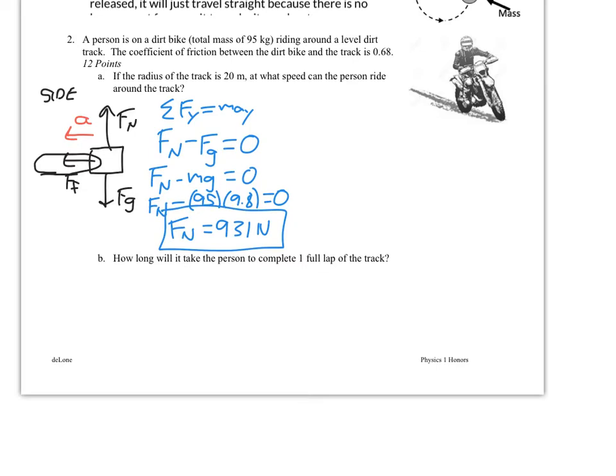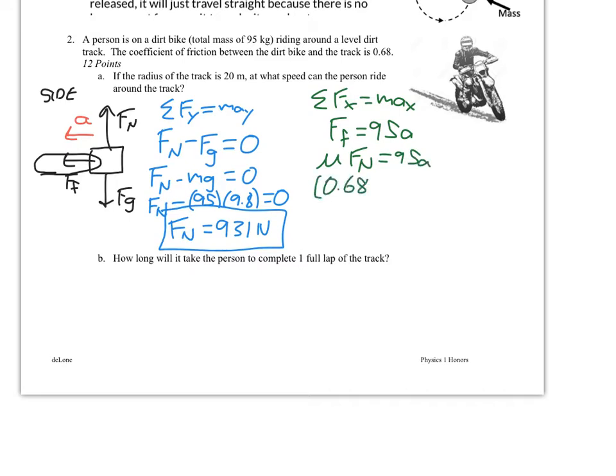Now that we have that, I'm going to go ahead and set up my max. So in the x direction, the only force I have here is going to be that force of friction. That's going to be equal to 95 times my acceleration. We do have one in the x direction because we're traveling in a circle. For friction, of course, I can sub in mu times my normal force, so that equals 95a.